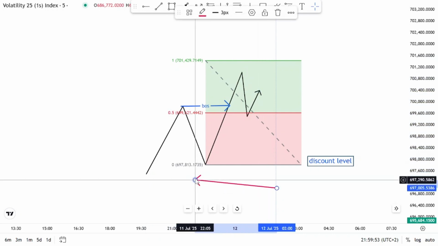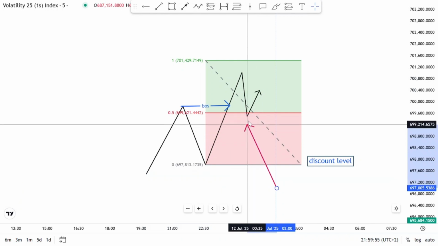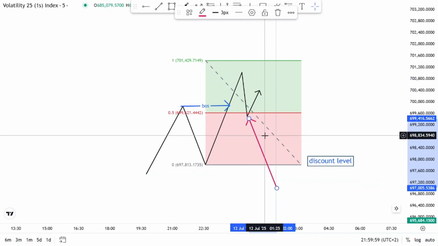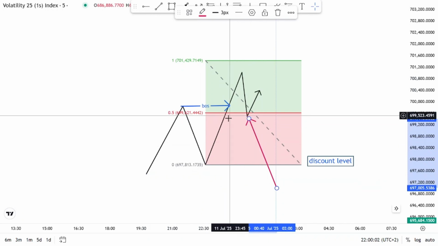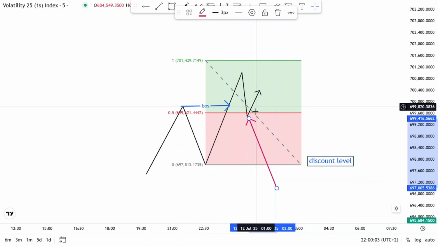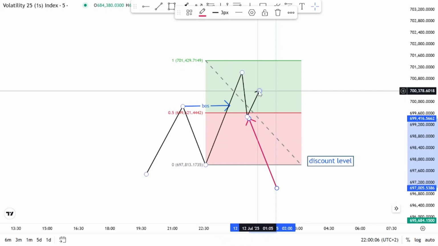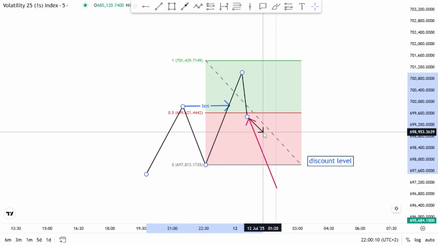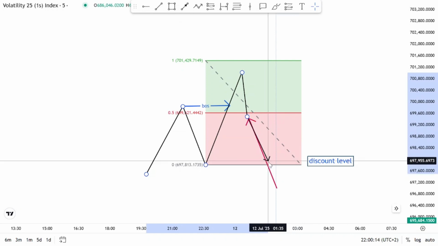The market plays around the 50%, and then most traders think that the market has reacted to our institutional reference point, only for the market to go up and then go back down to take out liquidity and then mitigate our safe institutional reference point.